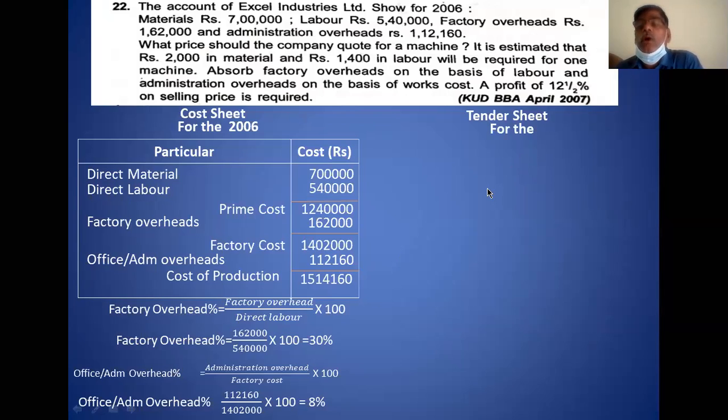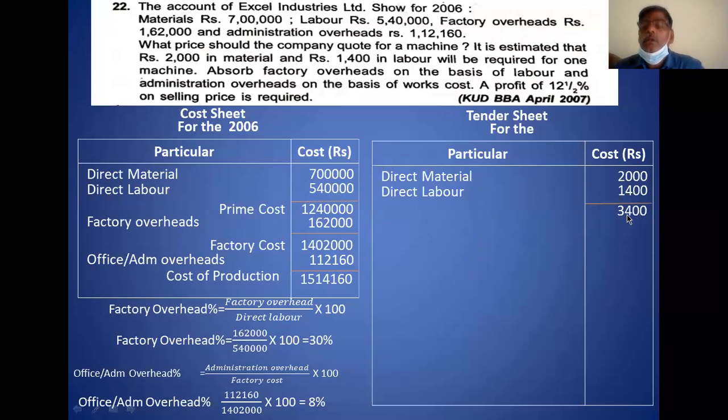What is the material required for a machine? Material required is 2,000 and labor required is 1,400. The total of this is 3,400, the prime cost.